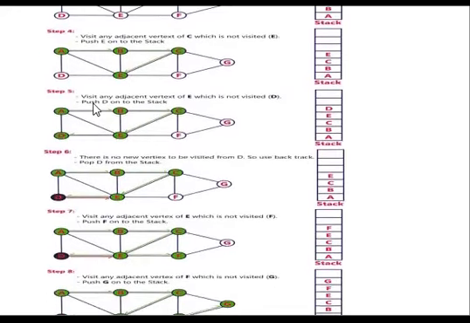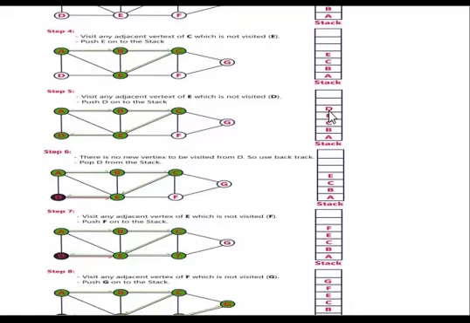Then step 5. In step 5, E is visited based on its adjacent vertices. The ones not visited are D and F. So we choose alphabetical order, choose D and put it into the stack.